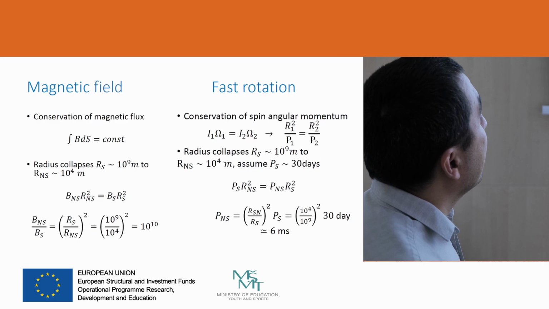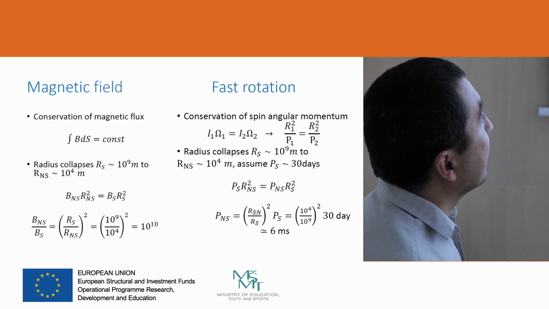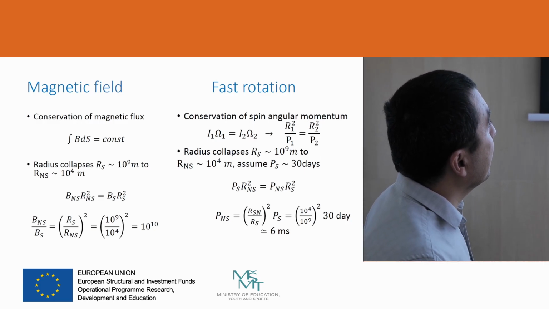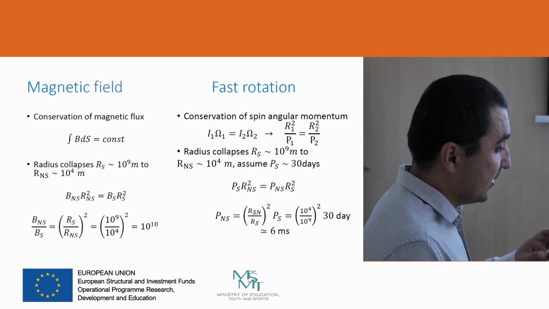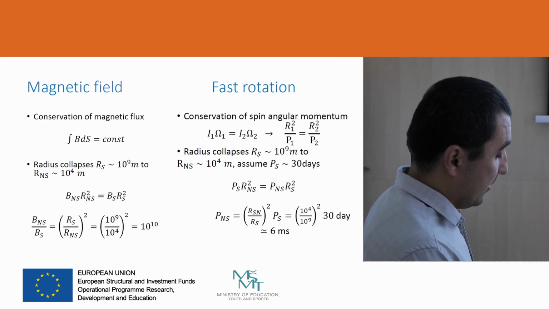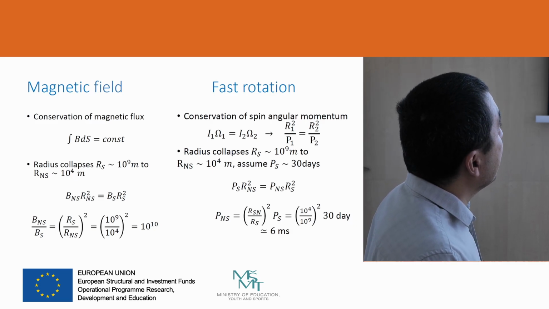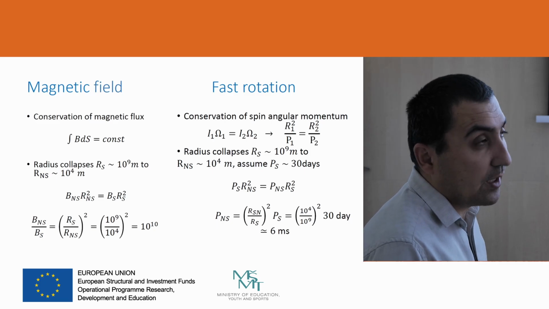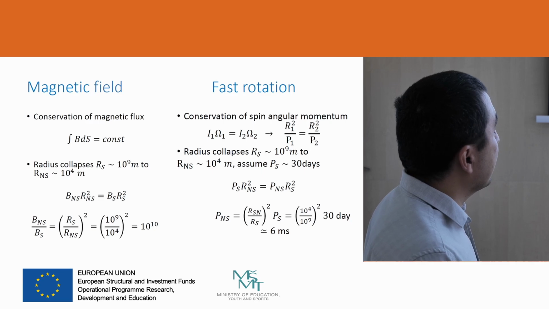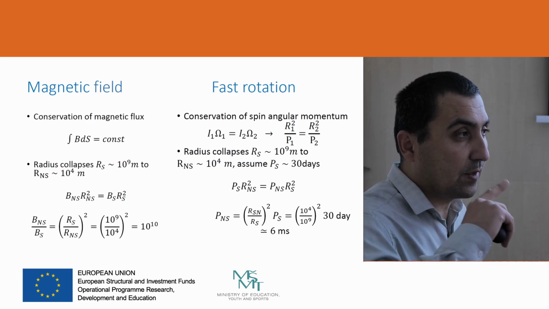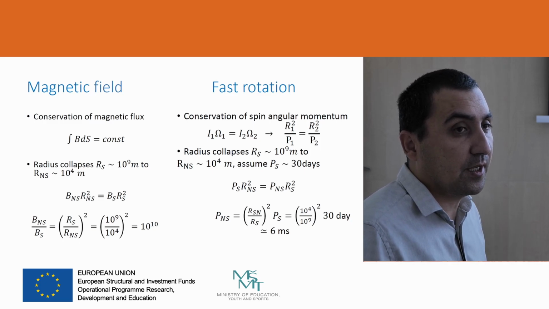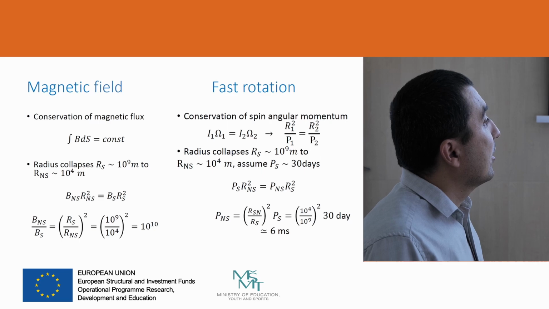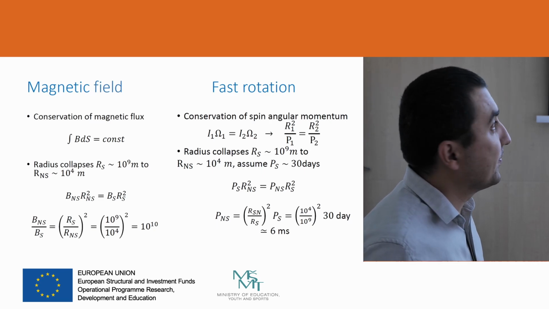Assume that the star radius is 10^9 meters, and the radius of the neutron star at the end of collapse is 10^4 meters. It shows that it increases 10^10 times, and if we assume the collapsing star's magnetic field is 100 Gauss, it will be 10^12 Gauss.